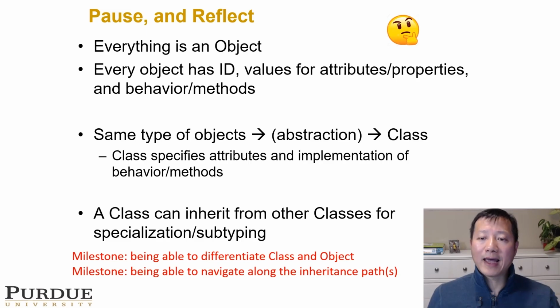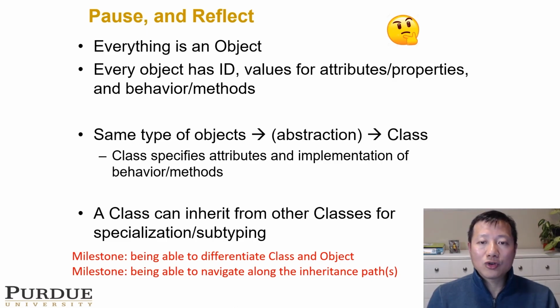Class specifies attributes and implementation of behavior or methods. A class can inherit from other classes for specialization and subtyping, and this hierarchical inheritance and subtyping or specialization can have multiple layers. There's no limit on how many layers in the hierarchy you can have, right?